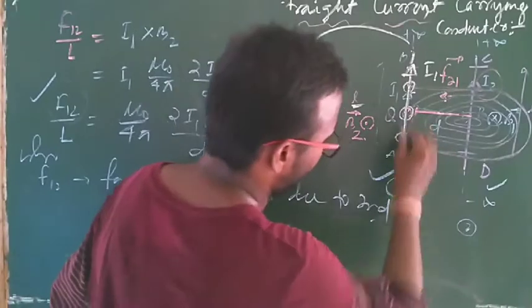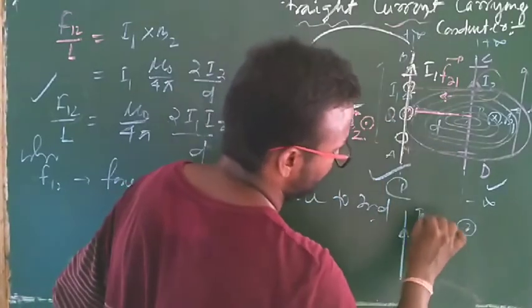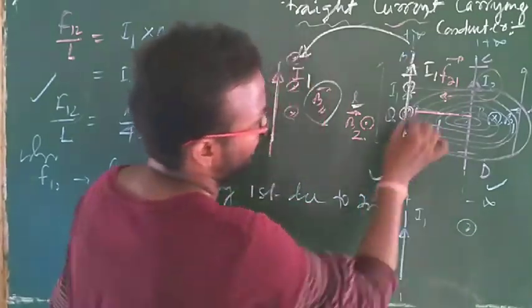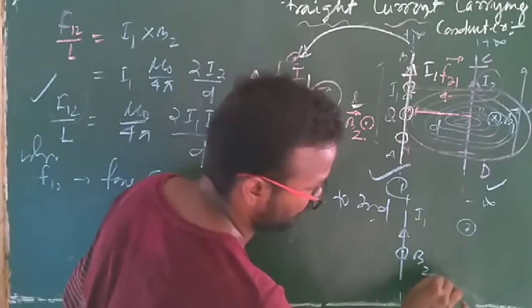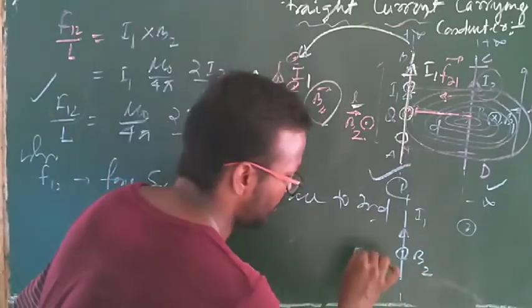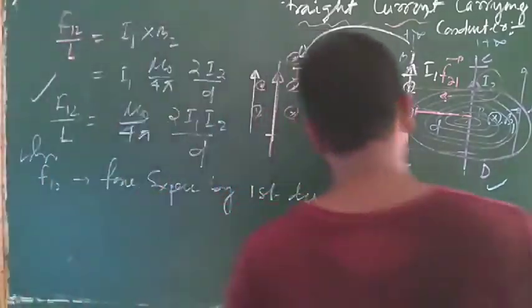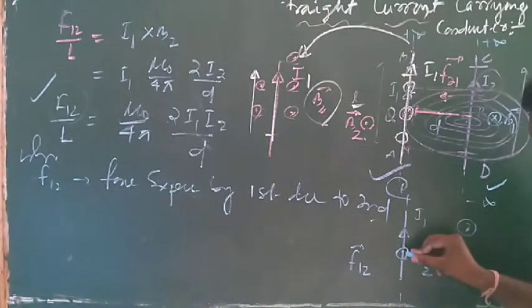Here, if you look at the diagram, this is the direction of current, in the upward direction. This is infinite. This is the direction of magnetic field B2. We have to find the direction of F12. If we use the right hand palm rule, this is the direction of current, and the direction of magnetic field is upward.